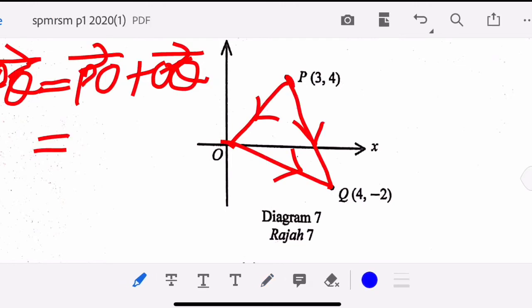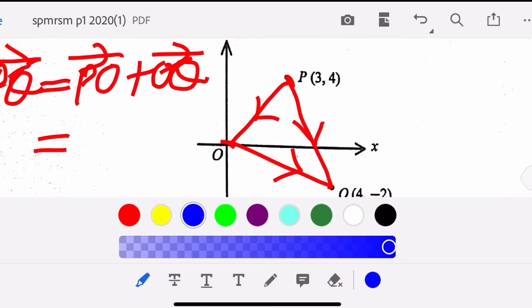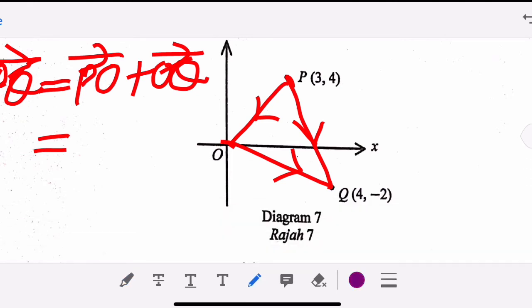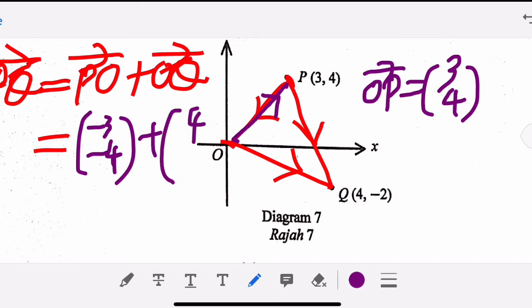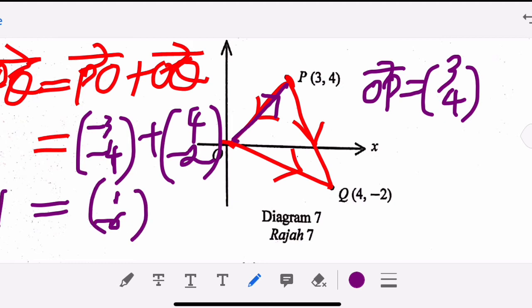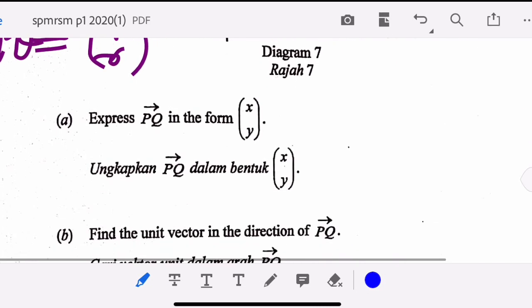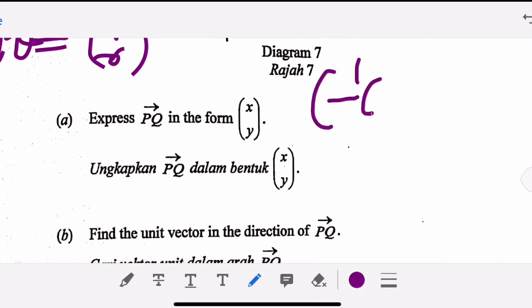We are given vector OP, which is 3, 4. So hence the PO will be negative 3, negative 4, opposite direction. OQ was given 4, negative 2. So we have 4 minus 3 is 1, and negative 4 minus 2 will be minus 6. So this is vector PQ. Okay, the answer is 1, negative 6.